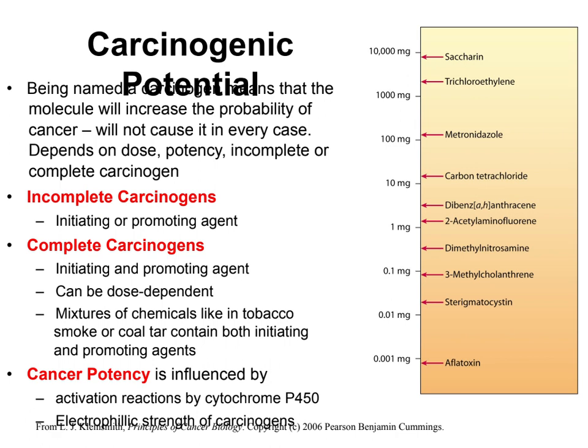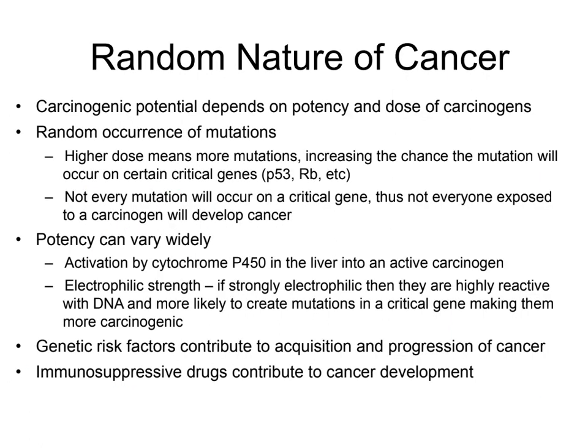If we're talking about cancer potency, so how tumorigenic or carcinogenic is a molecule, this can be influenced by a few things: the electrophilic strength of the carcinogen, and its ability to be activated by cytochrome P450. So we've studied some of the properties of these chemicals, why some of them are carcinogenic, and how they become carcinogenic, and then how they cause cancer, right? Not every carcinogen has the same amount of potency as we saw in the graph before.